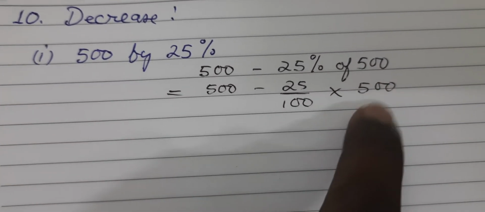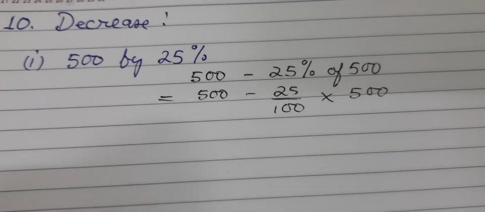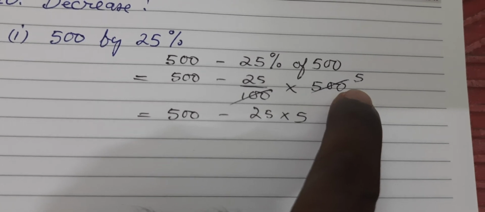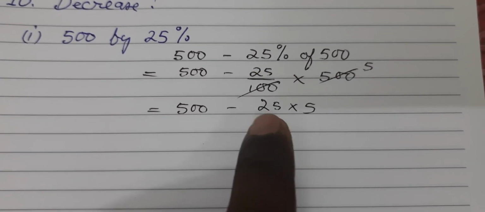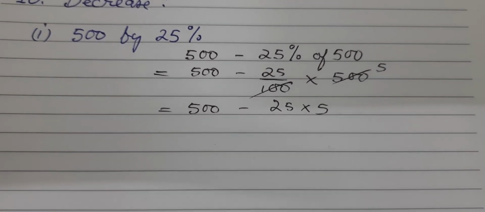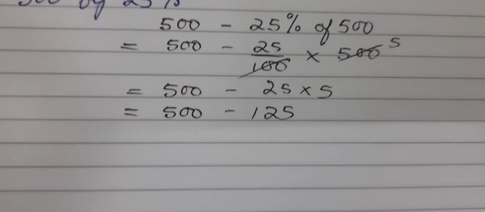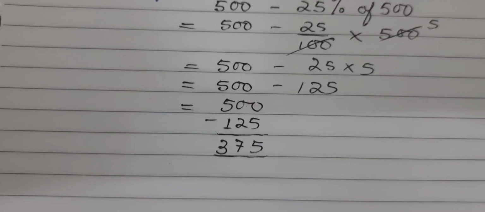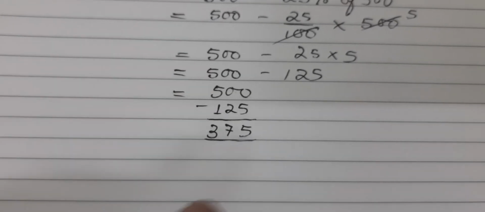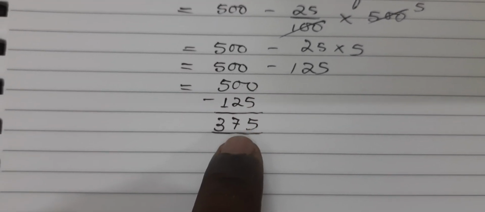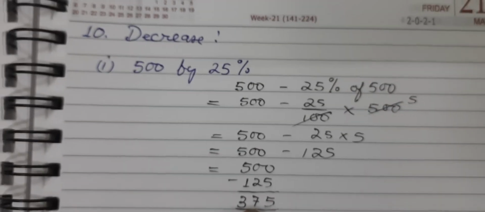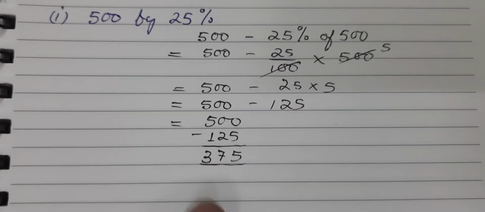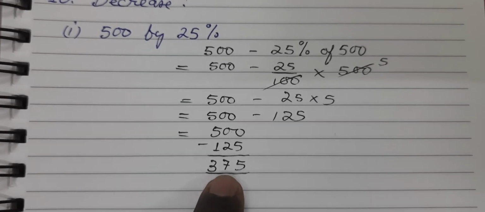Now let's do the cancelling part. 100 5s are 500. That 5 into 25. So 25 into 5 will be 125. So 500 minus 125. I have done the subtraction right here to show you. So answer is 375. So 500, when it is decreased by 25% of itself, we get 375.